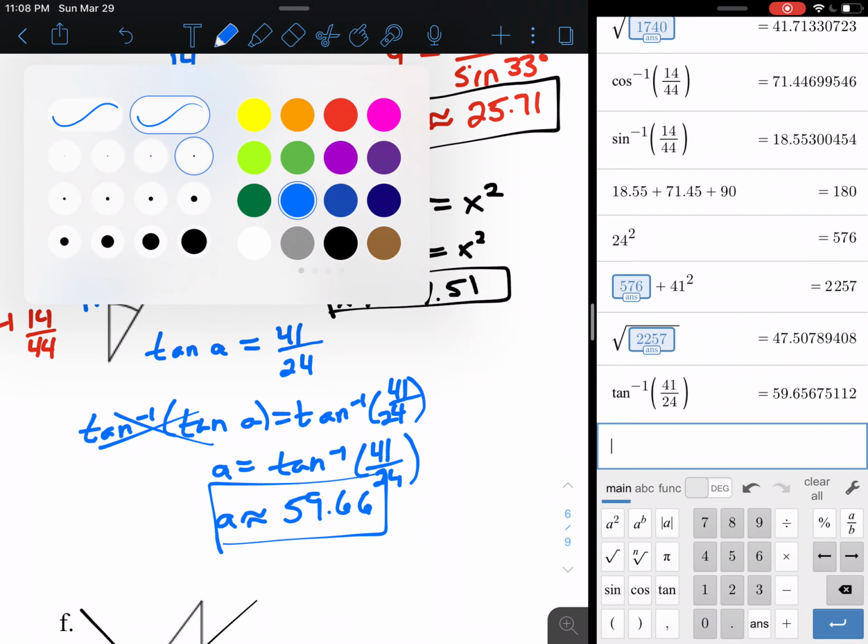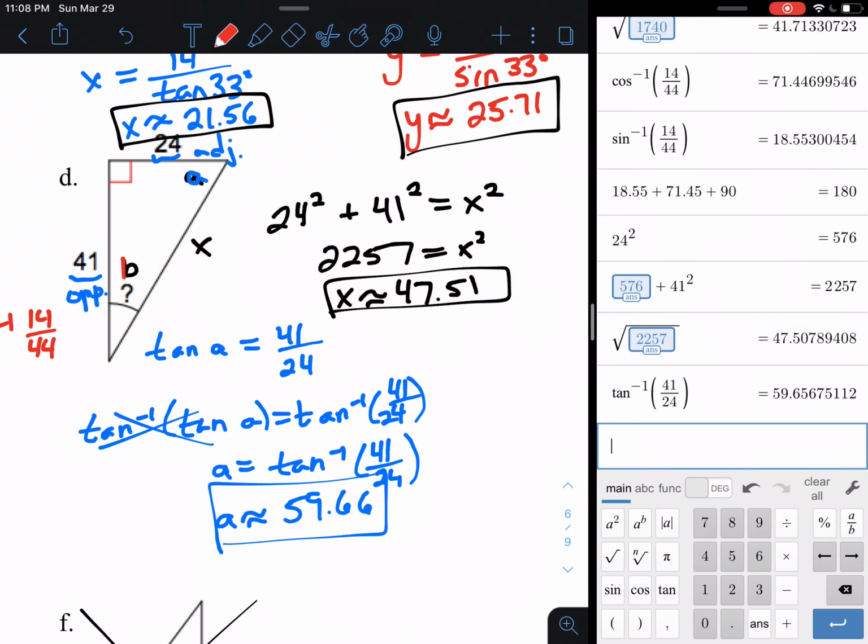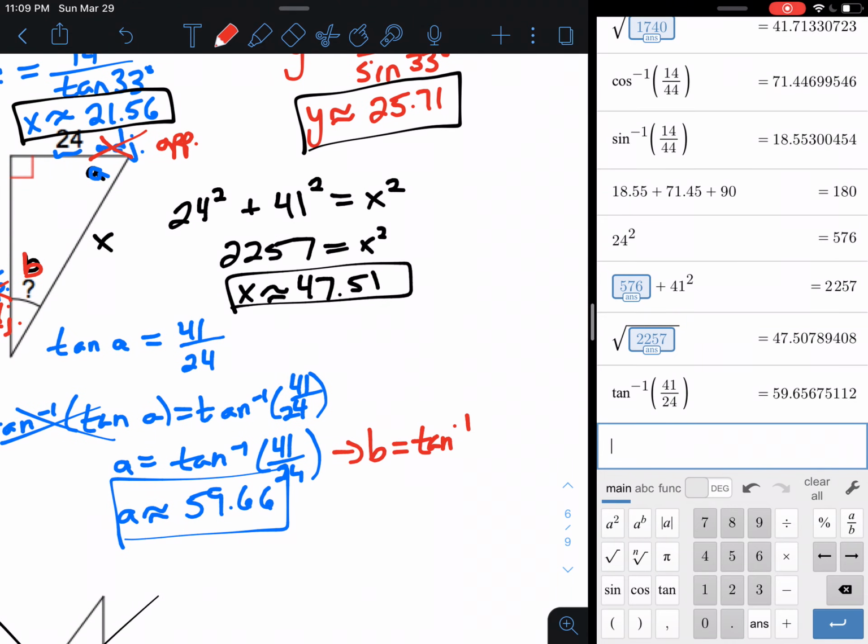Okay, so now let's go back and find our second angle. Let's find B. But now, once again, notice that our sides are actually going to be different. In fact, they're going to be switched around. So now we've got our 24. 24 is now our opposite side. 41 is now our adjacent side. So really all you'd have to do from here for B is take the inverse tangent of the reciprocal.